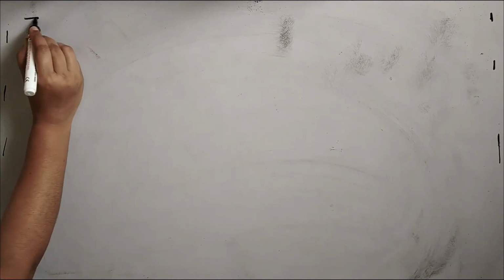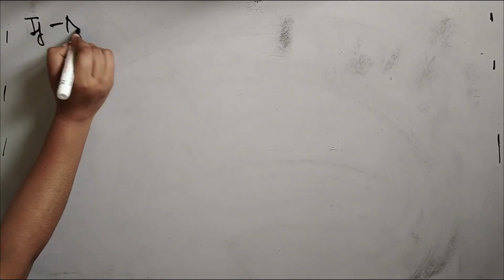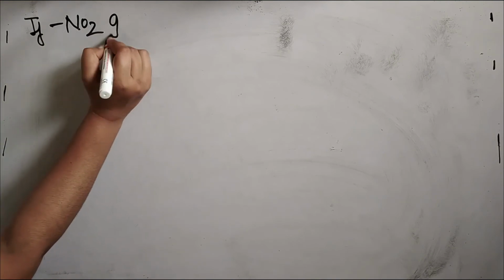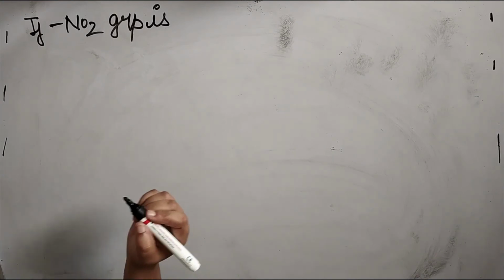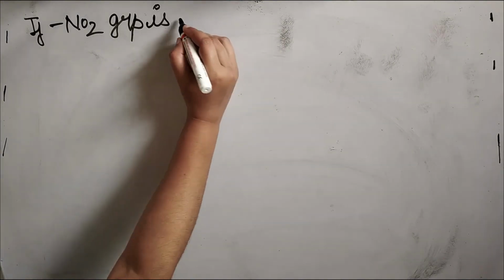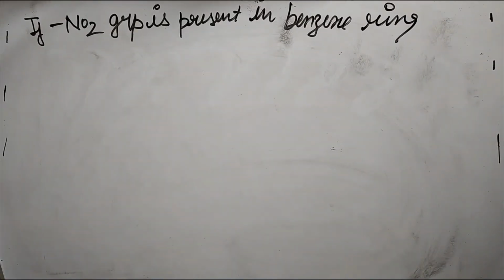So let's see how the nitro group will affect the reactivity of benzene. If the nitro group is present on the benzene ring, it is an electron withdrawing, meta-directing group. You can see the example in activating and deactivating groups. So let's see the example.